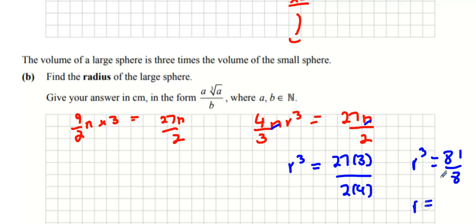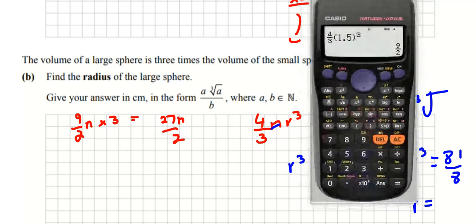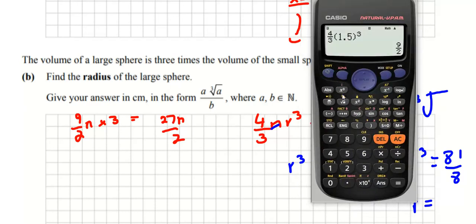We're going to cube root that, which is this button here in the calculator. What number, when you multiply it by itself 3 times, gives you 81 over 8. So it's going to be shift cube root of 81 over 8. Okay, now, doesn't quite give it in the form we're looking for here. So I'm going to cube root 81 separately.